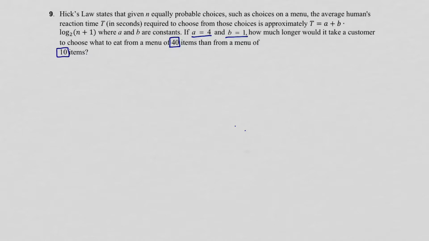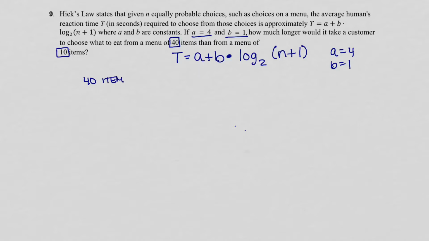So I'm going to start by just writing that t equals a plus b times log base 2 of n plus 1. And it tells me that a is equal to 4 and b is equal to 1. And it wants to know how long, so I'm going to be solving for that t. But there's two different situations. The first situation is when I have 40 items to choose from.